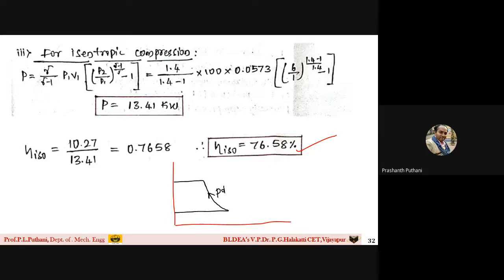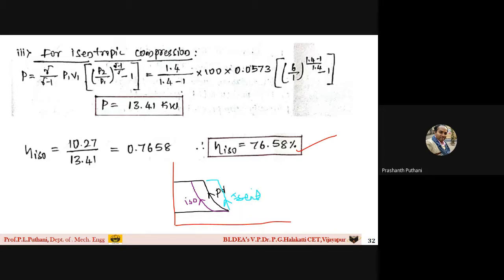Then this one, students, was your isothermal, and finally this one is isentropic. So as you move from isothermal towards isentropic, the efficiency goes on decreasing.